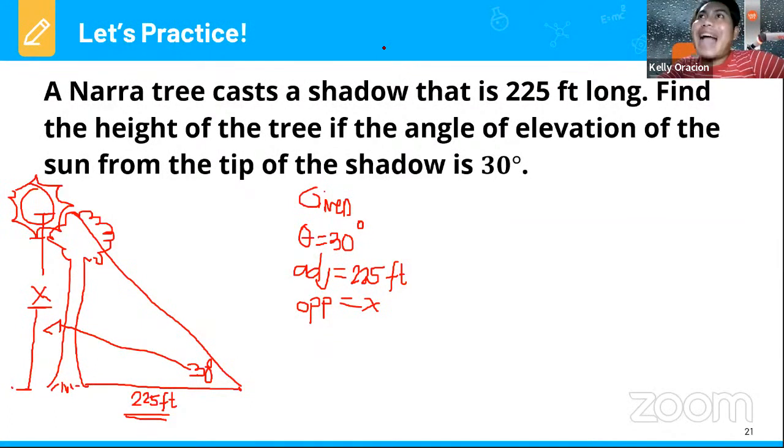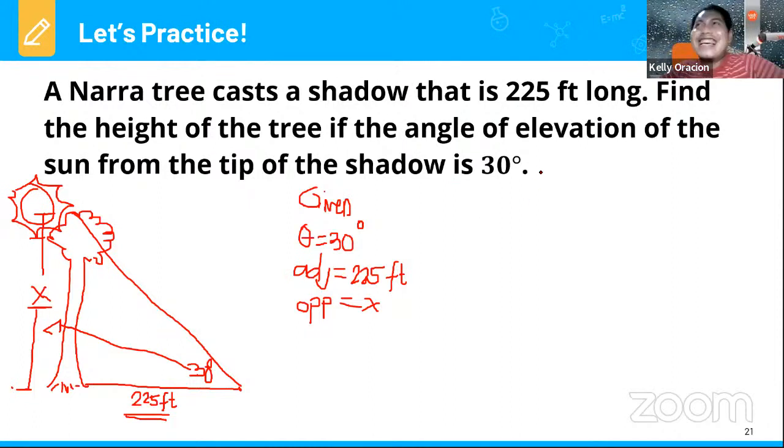Tan or cot. Okay, so kayo na bahala. Kung gusto ninyo tan, so I will use the tan instead of cot. Tan daw kay Chinito. Mga Chinito, tan.